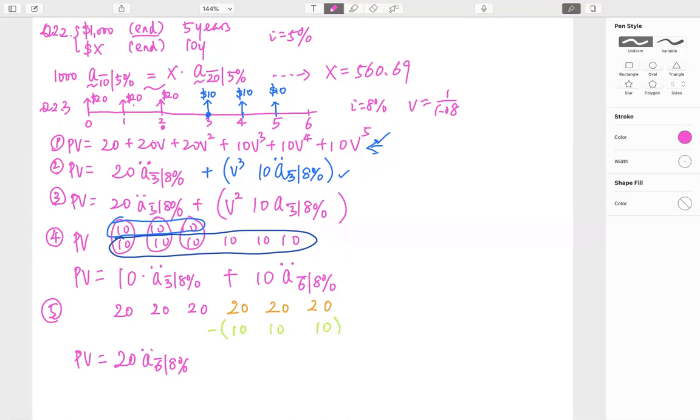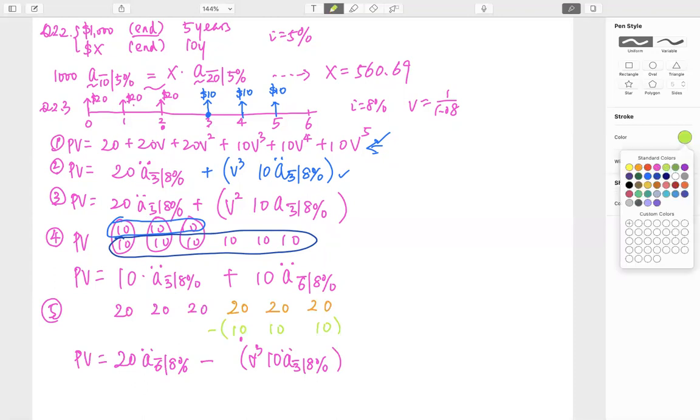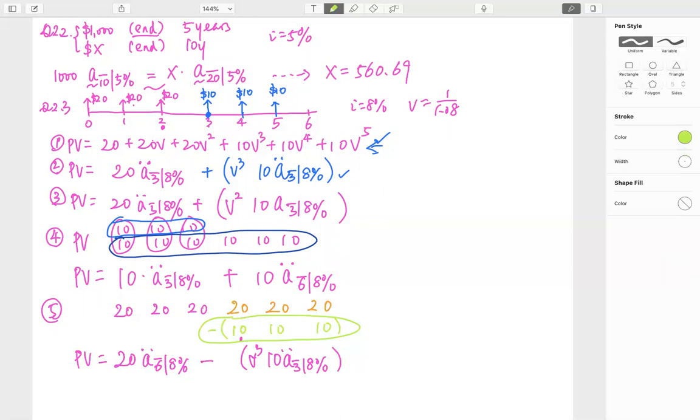For those 3 payments, you can think of them as annuity due if you want. So then I have 3 payments. If I consider them as annuity due, the starting point is here, right? So it will be 3. So I discount back by 3 years. I can also think of those 3 as annuity immediate.